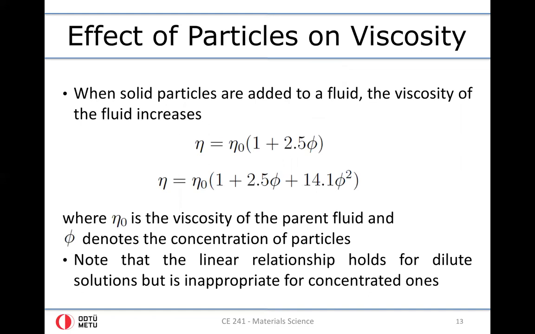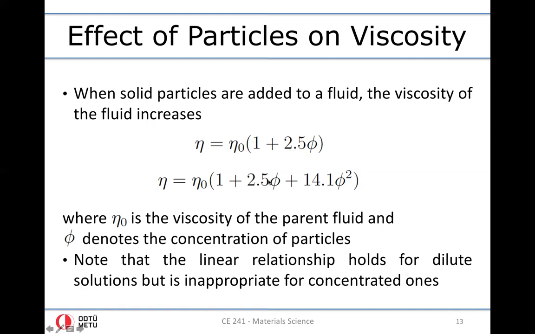So besides the temperature, we also have suspended particles in a fluid, and the effect of the particles on the viscosity of the fluid can be taken into account through such a formula that is given by eta is equal to eta 0 times 1 plus 2.5 phi. So the phi here denotes the concentration of particles, where eta 0 is the viscosity of the parent fluid.